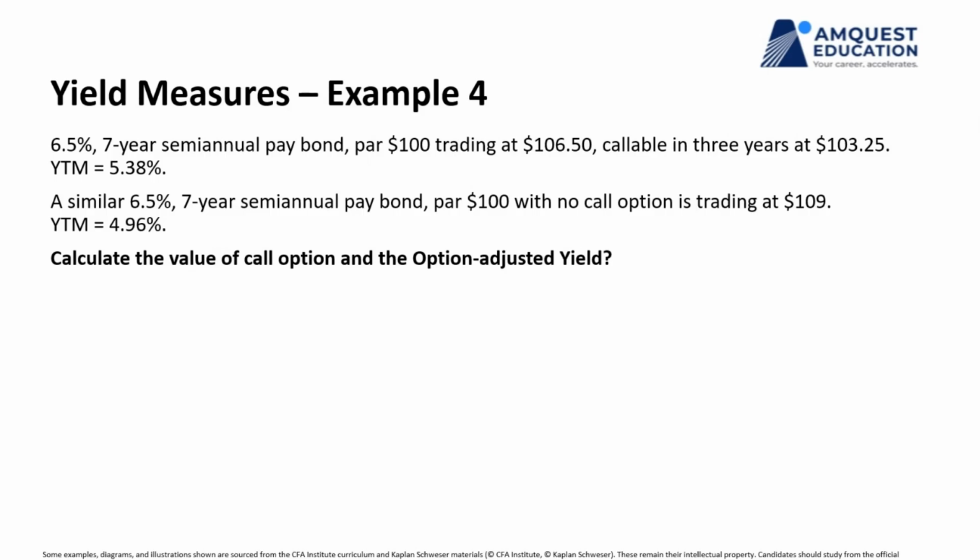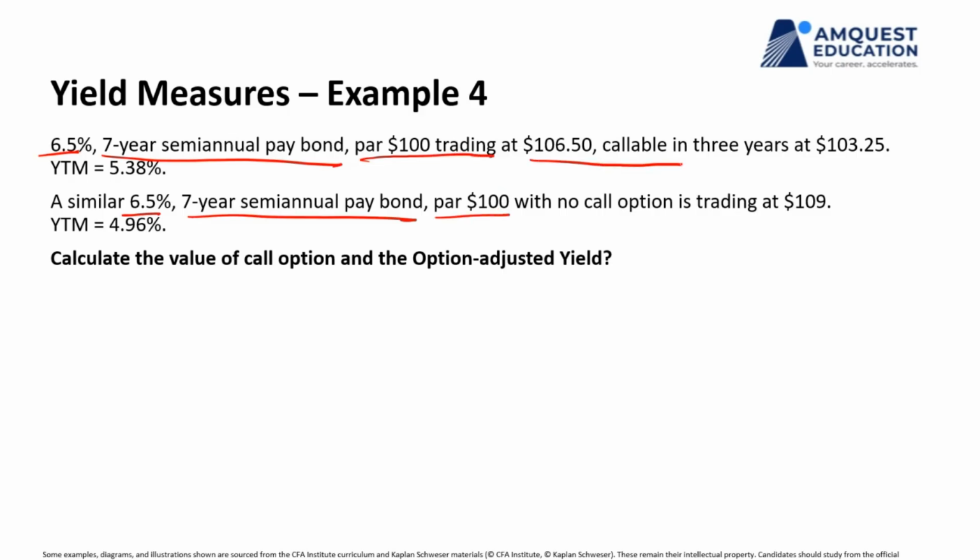Okay, let's give this a try. 6.5%, 7 years, semi-annual pay bond, par $100, trading at 106, callable in 3 years at 103.25, YTM of 5.38. Similar 6.5%, 7-year semi-annual pay bond, par $100. So look at this: 6.5, 6.5, 7-year semi-annual, $100, $100.